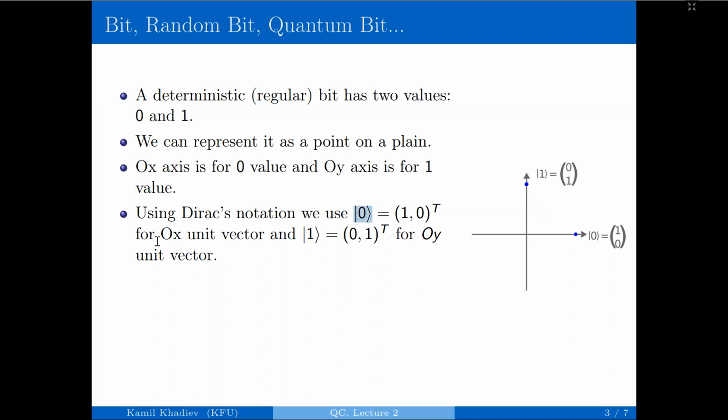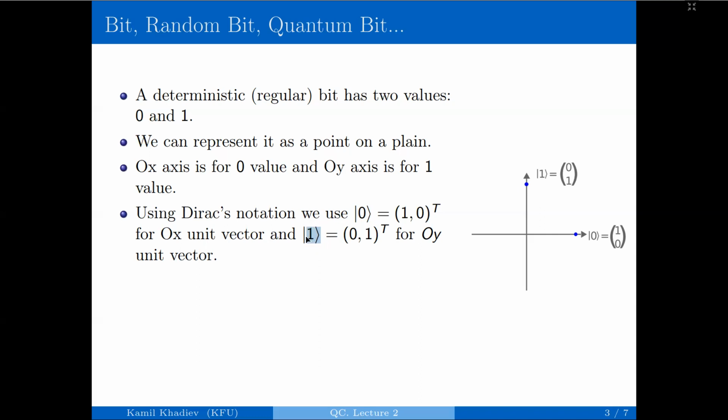And for the OX unit vector, it is the vector 0, 1, and we denote it like this, 1. This line, then the name, then this angle means that it is a column vector.